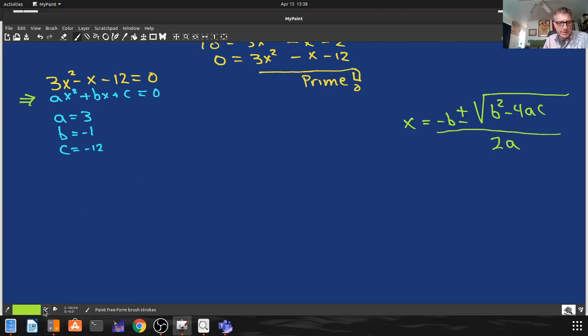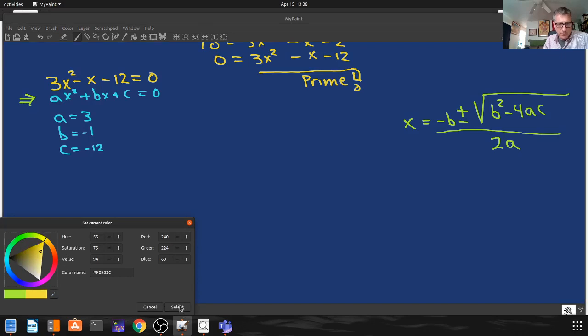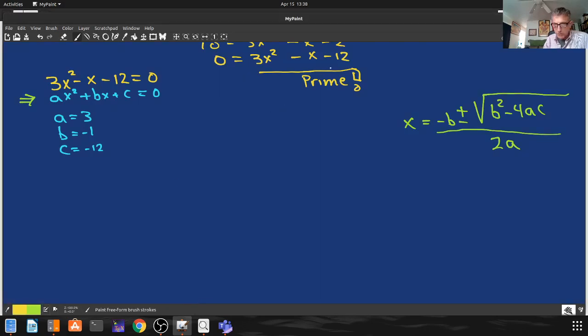So you all should try to factor that, and quickly you'll see that there is no factorization, so it's prime. So you have to use the quadratic equation.